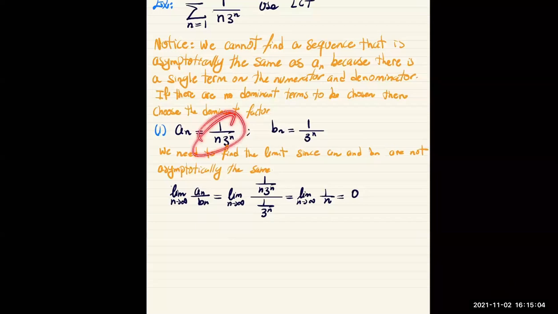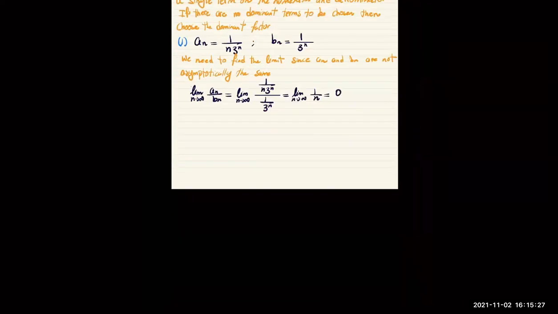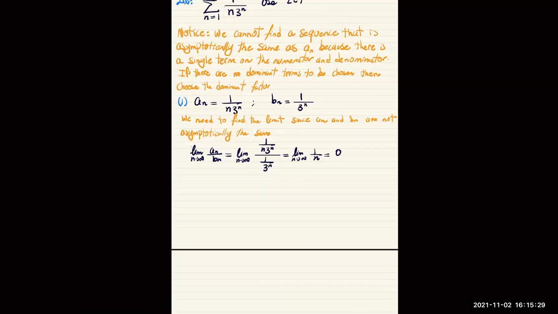They both go to 0, that's correct, but they don't go to 0 at the same rate of change. This sequence is going to 0 faster. That's why they're not asymptotically the same. So that was step 2, guys, by the way.